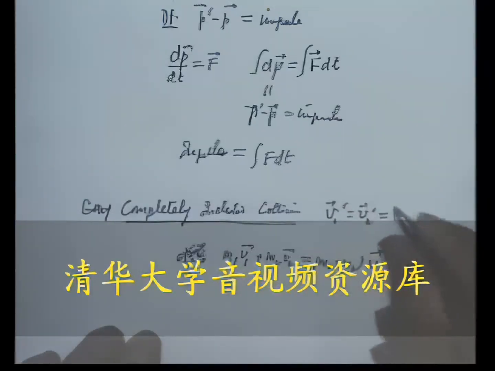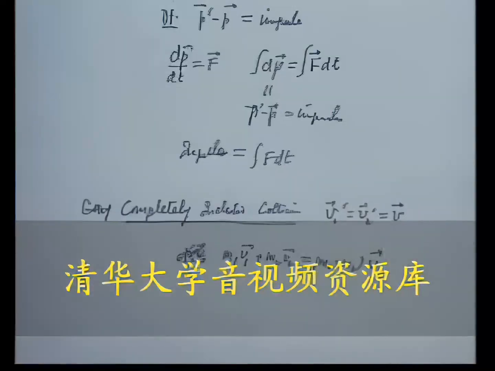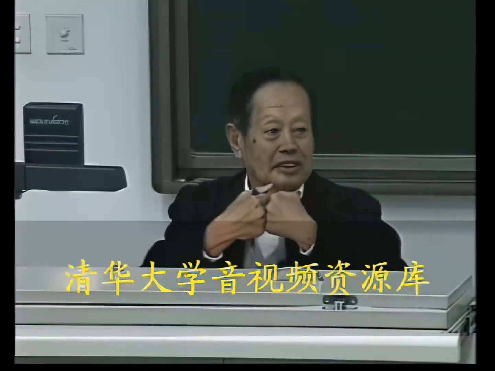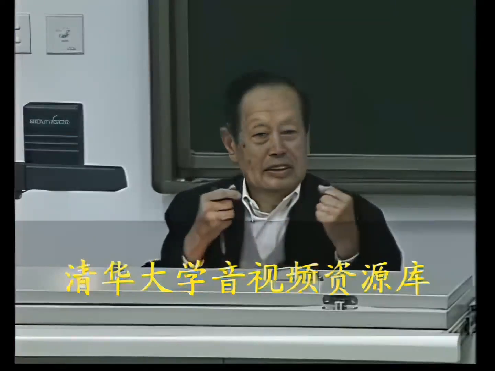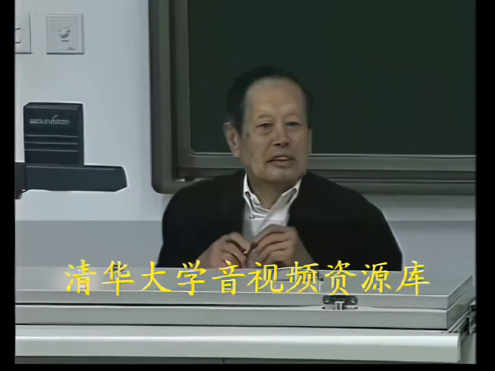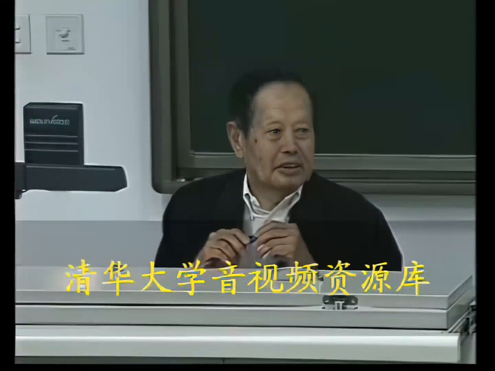We call it V. But this V is of course also the center of mass velocity. By definition, you look at the formula. So in a completely inelastic collision, namely the two got stuck together, the final velocity is in fact the original velocity of the center of mass.